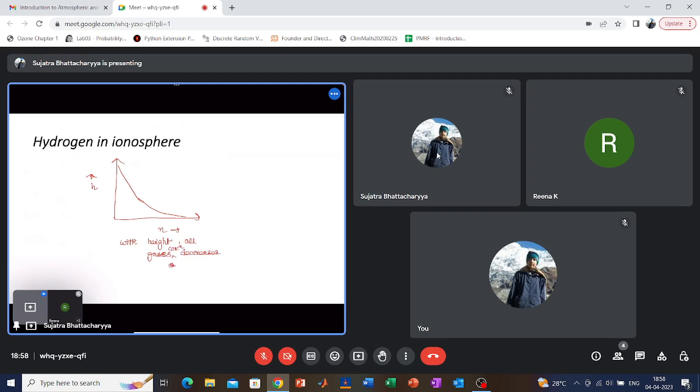But in the ionosphere zone, only in the ionosphere, remember, the H plus concentration, if we draw it with height, it increases. This is only in the ionosphere, which I have already written, but what is the reason? Due to the charge exchange.